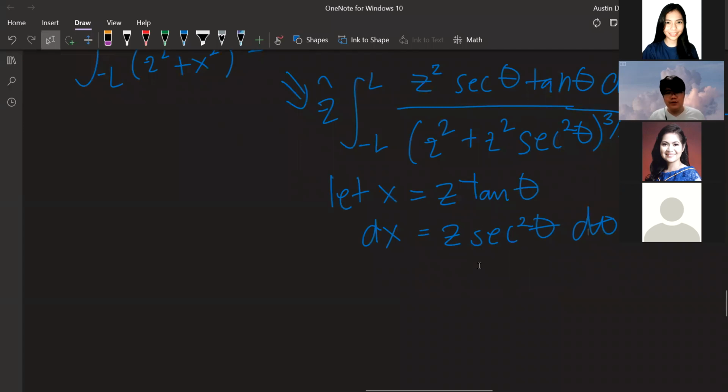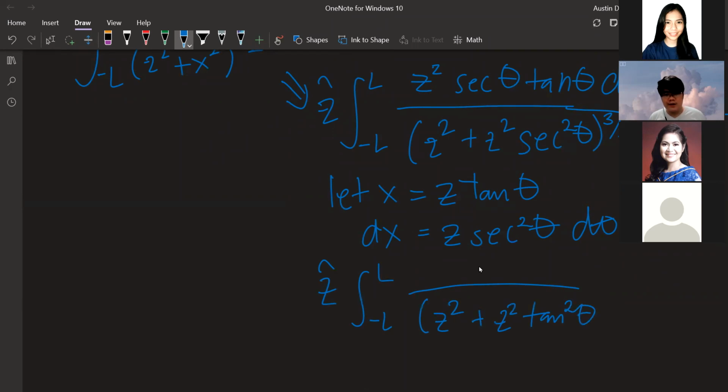So, if we're gonna do this, negative L, negative L. Yung bottom denominator mo will be z squared plus z squared tangent squared theta.